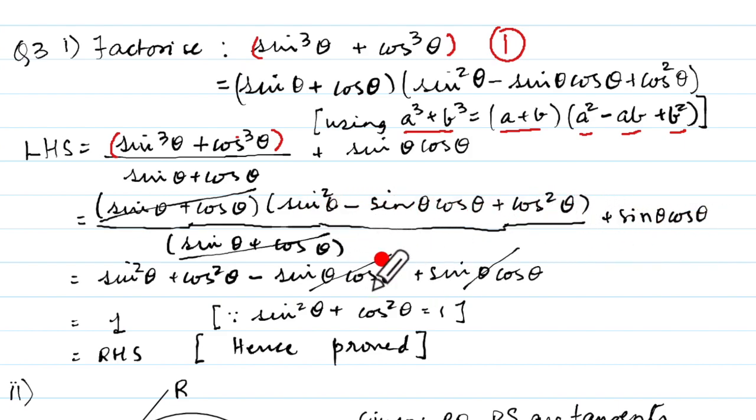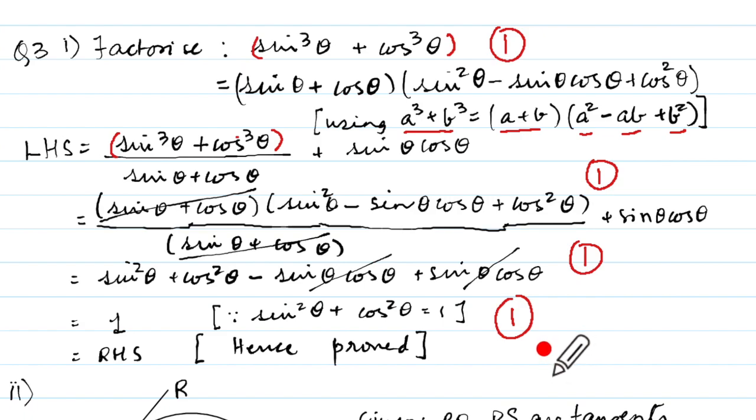So we write this here, and this we write here. So that will be our 1 mark. The cancellation step will be 1 mark. And then here this sine theta cos theta term gets cancelled, and sine square theta plus cos square theta is equal to 1. That becomes another mark, and we say that is equal to RHS and hence proved. Now if you do not write this step, chances are your teacher will cut this mark for you.